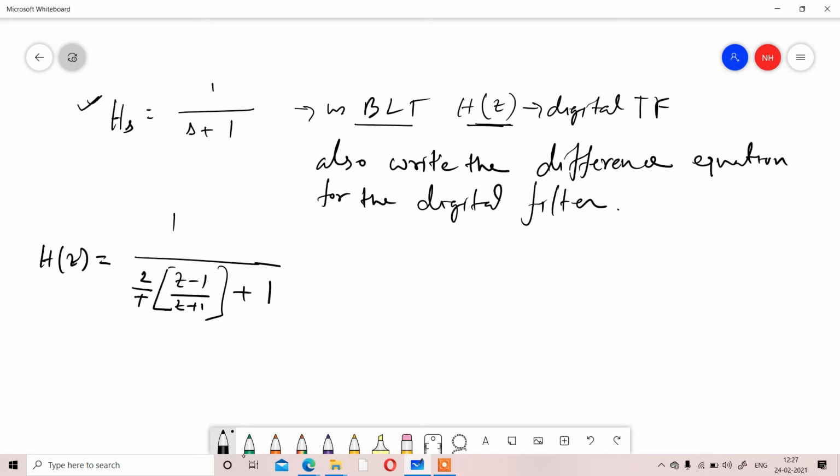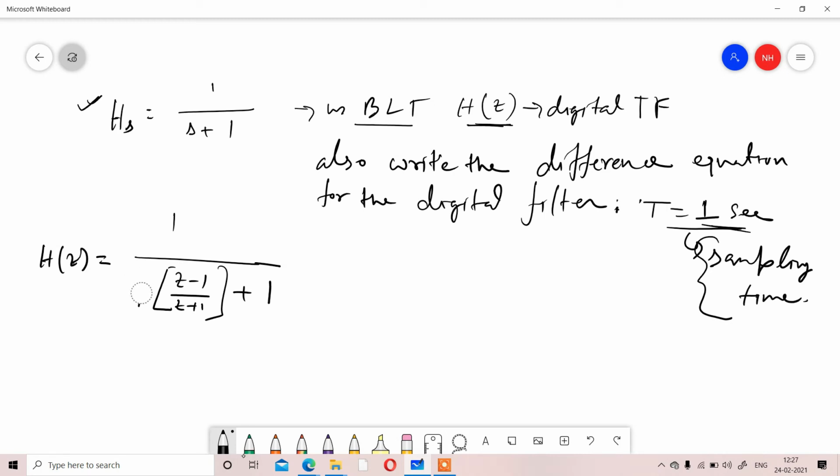And here, if T is not mentioned, always consider T equal to 1 second. T is called the sampling time. Keep in mind, sampling time. If sampling time is not mentioned, then by default the sampling time is 1 second. So if we represent T equal to 1, it will be 2.